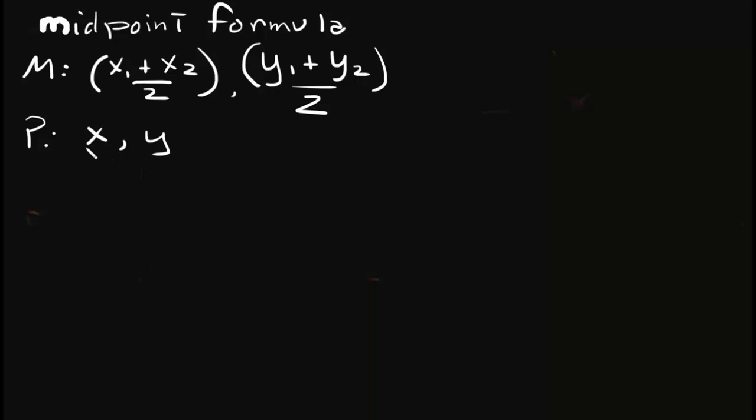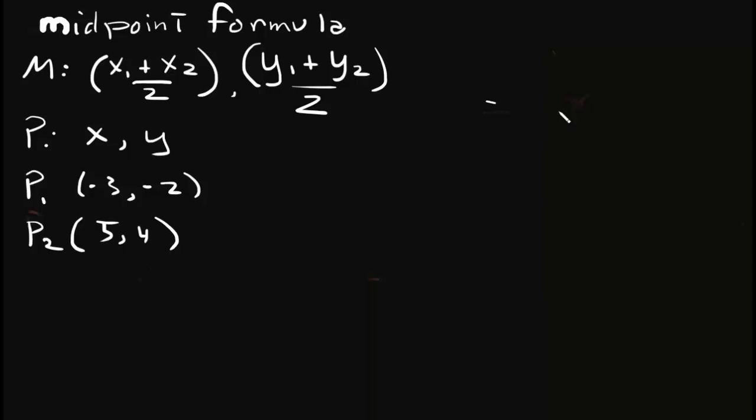So let's take a sample point. Let's say that point 1 has the coordinates -3, -2, and point 2 has the coordinates 5, 4.